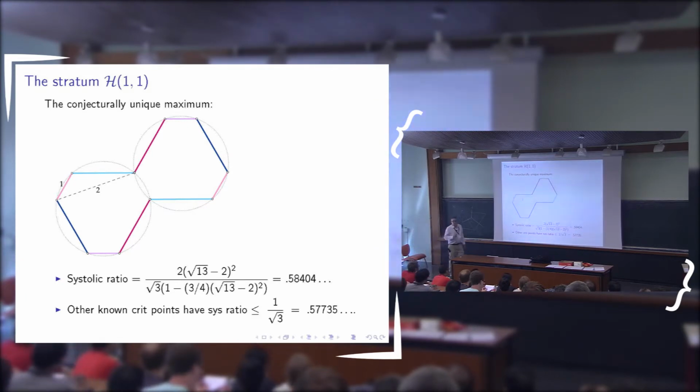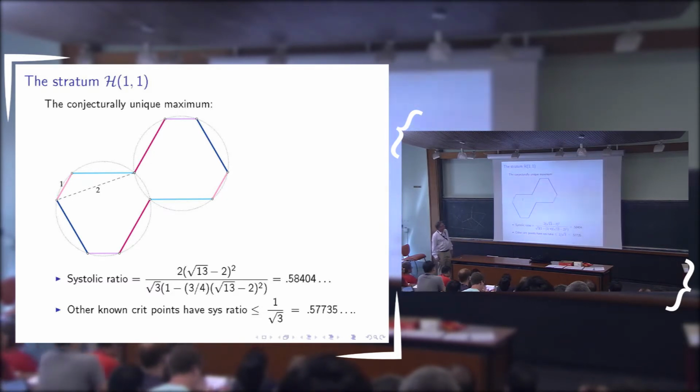Stratum H(1,1) is the next simplest stratum. Here's our conjectural maximum. We think this is the surface. We identify the colored edges, so this is a translation surface. The holomorphic one-form is dz, as usual, in the plane.